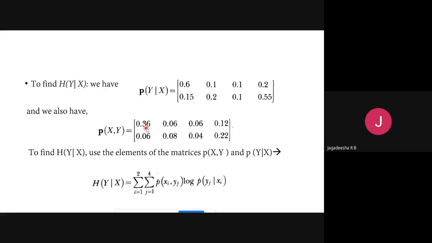When we do that, it should look something like this: 0.36 log 0.6. Next one will be 0.06 log 0.1 and so on. The corresponding elements we are considering. The last one is 0.22 log 0.55.